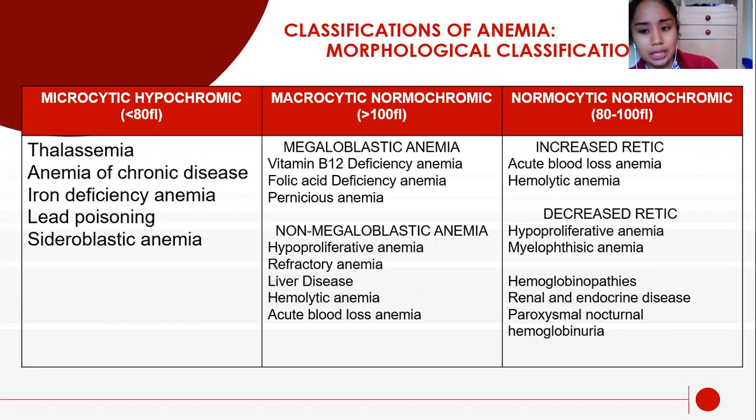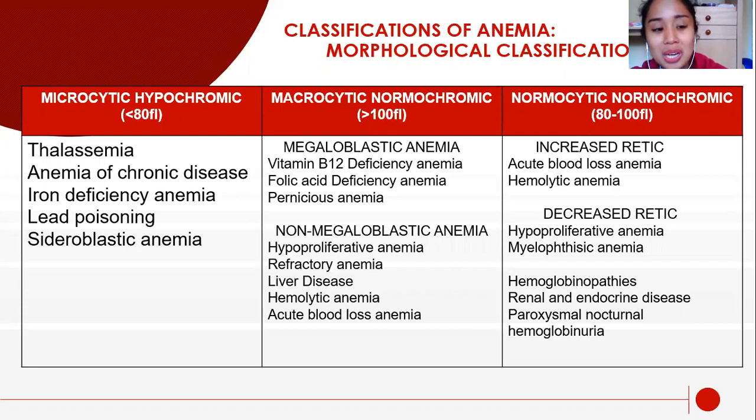So, example, class, in microcytic hypochromic anemia, expect the MCV is less than 80 femtoliter. At yung MCH, kaya hypochromic, less than 32. So class, may mnemonic na hindi ako gumawa, nakuha ko lang rin sa iba.